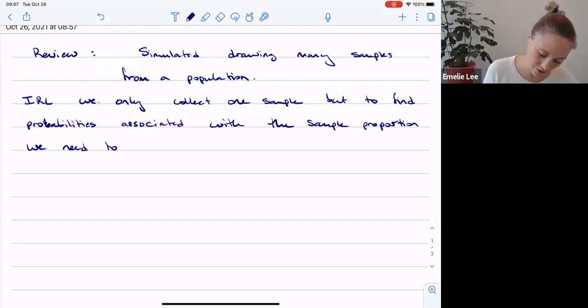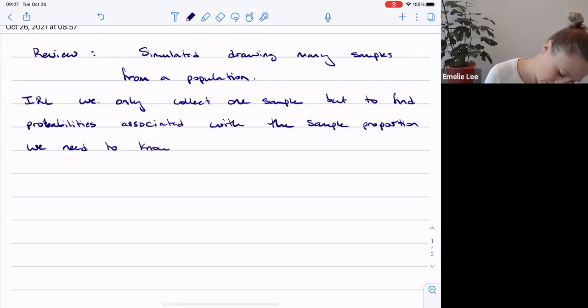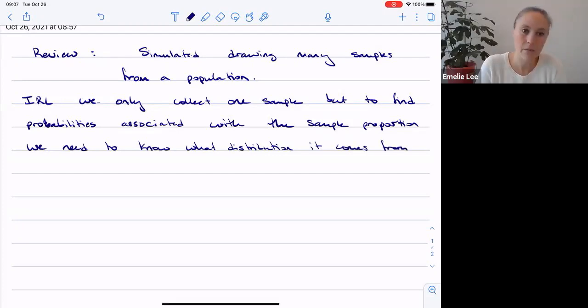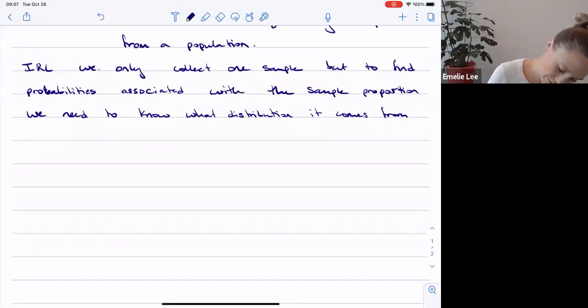So with the sample proportion, we need to know what distribution it comes from. So that's a little bit tricky. And to do that, we pretend to look at many samples, so thousands of samples.